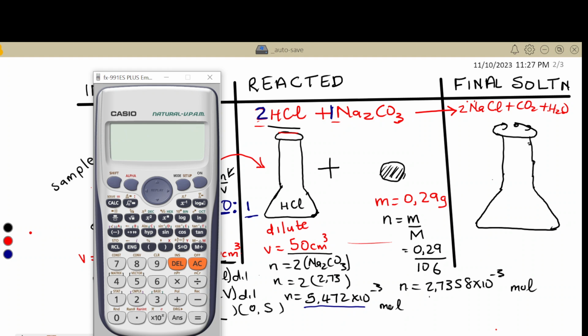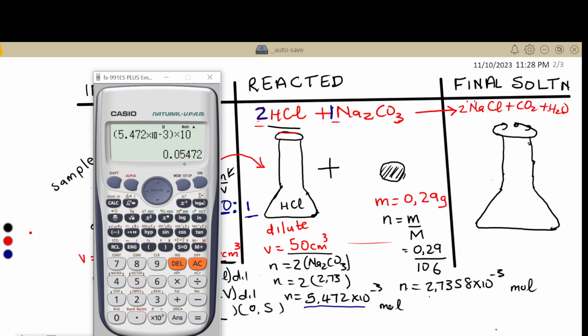So we're going to say this 5.472 times 10 to the power negative 3, let's multiply that by 10 to know the number of moles in the 500 cm cubed.